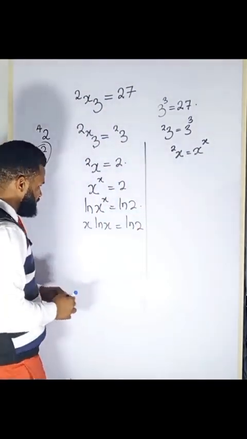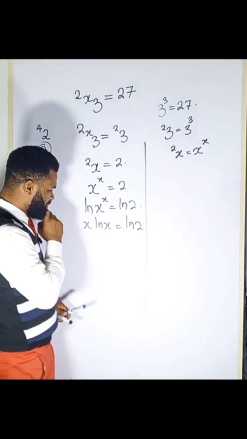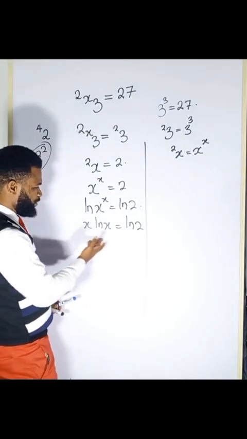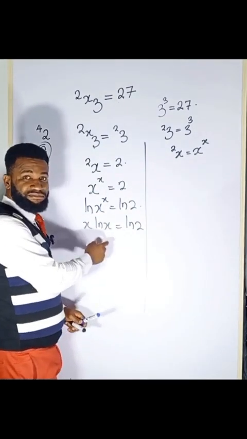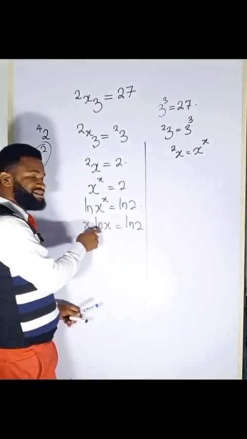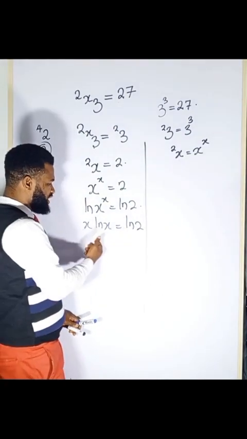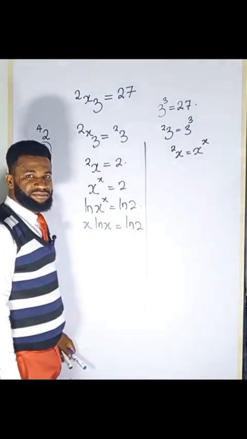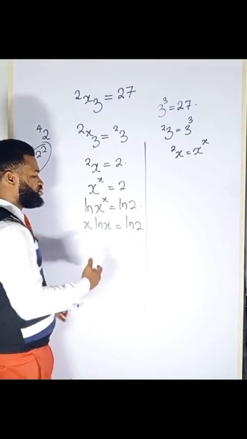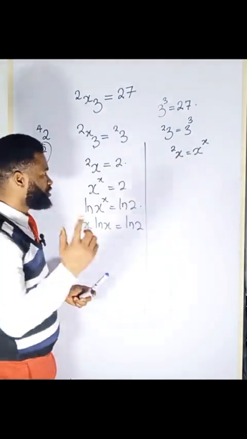Let's take it step by step. So at this point, what else should I do? If I divide both sides by ln x in order to make x the subject of the formula, remember I have messed it up. So the best thing is to do a substitution. Remember this.